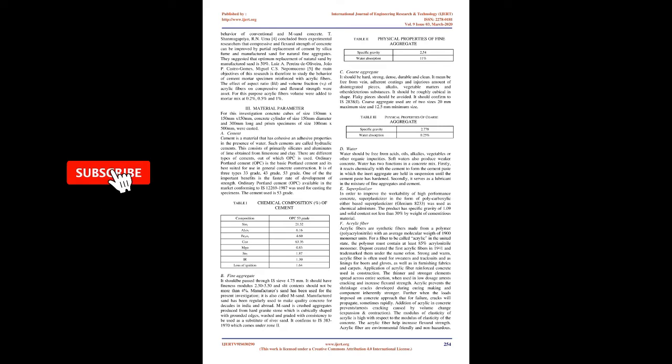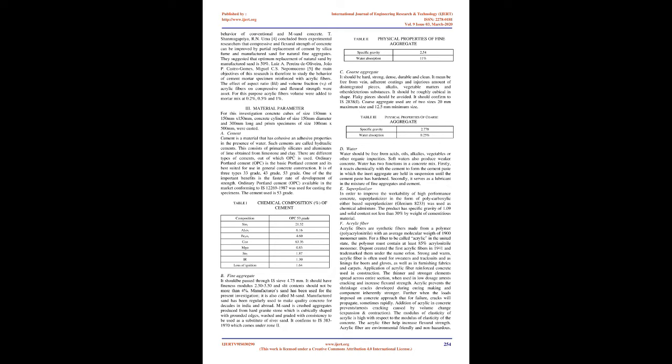It consists primarily of silicates and aluminates of lime obtained from limestone and clay. There are different types of cements, out of which OPC is used. Ordinary Portland cement, OPC, is the basic Portland cement and it is best suited for use in general concrete construction. It comes in 3 types: 33 grade, 43 grade, 53 grade. One of the important benefits is the faster rate of development of strength.